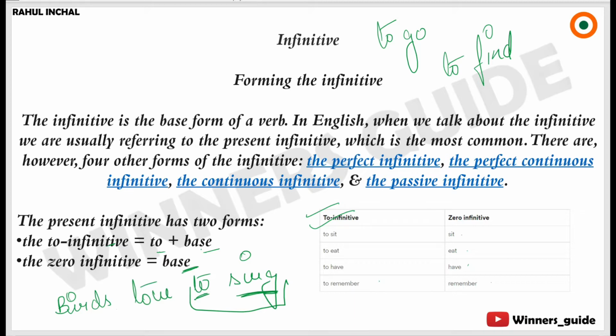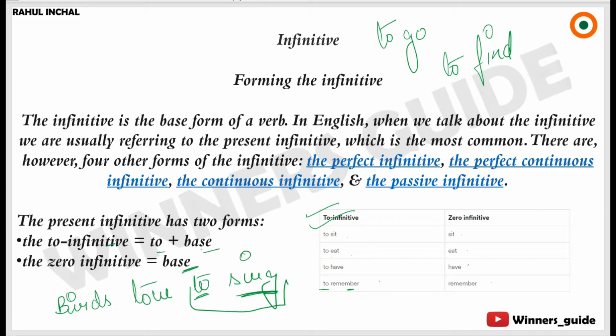To infinitive, to sit; zero infinitive, sit. To eat, eat. To have, have. To remember, remember. In short, those sentences in which it wouldn't be necessary for you to use the word to with the base are called zero infinitive.